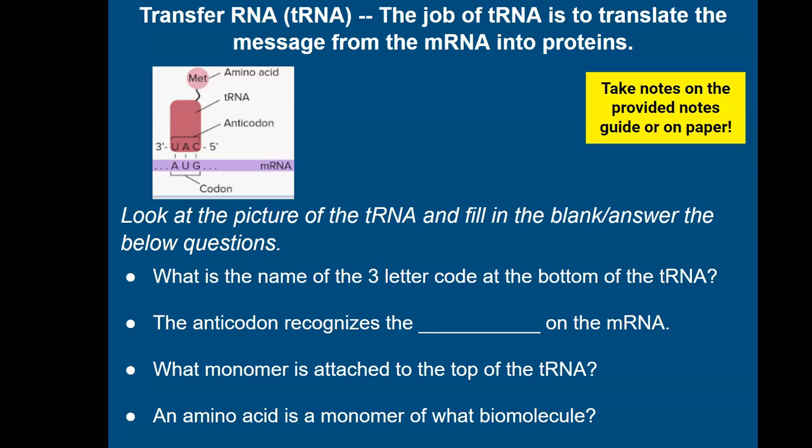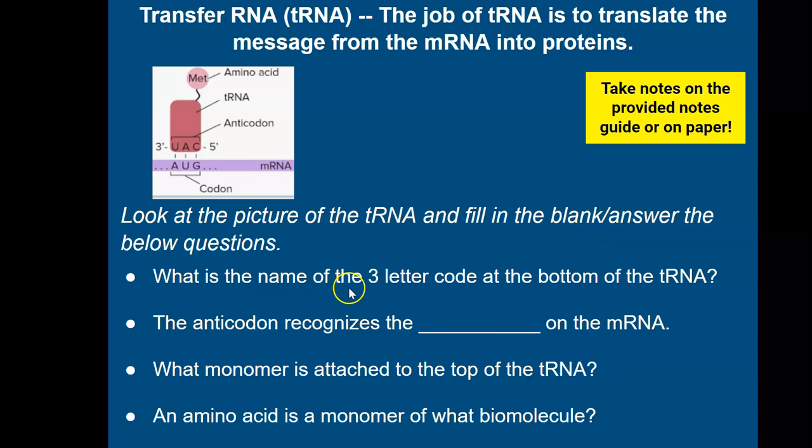All right, so now we are on our 3rd page of notes, transfer RNA. That's this pinkish structure here. The job of tRNA is to translate the message, so the message is this purple color mRNA, into proteins. So let's look at the picture of tRNA and fill in the blank and answer the below question.